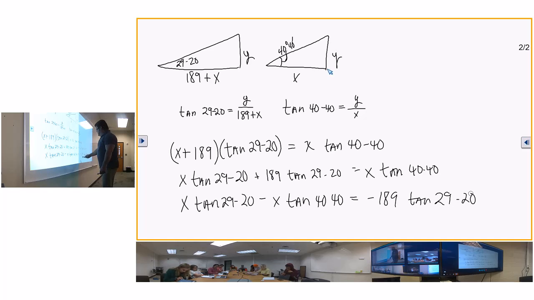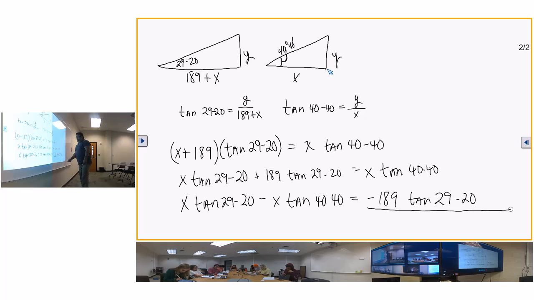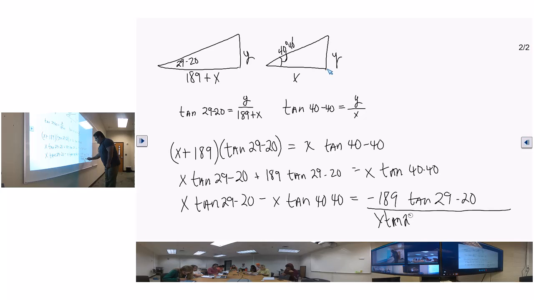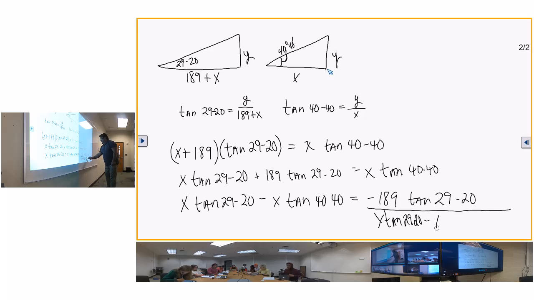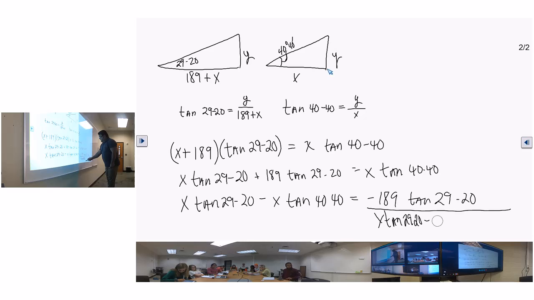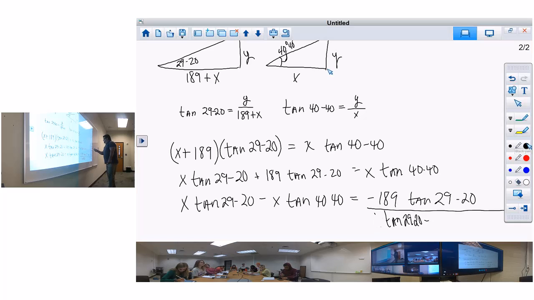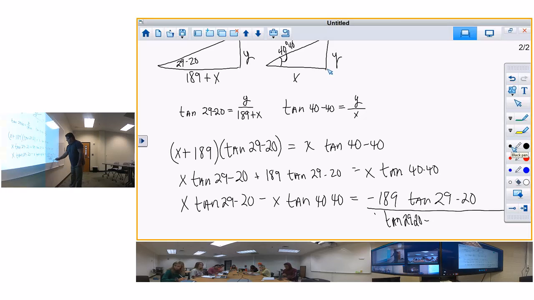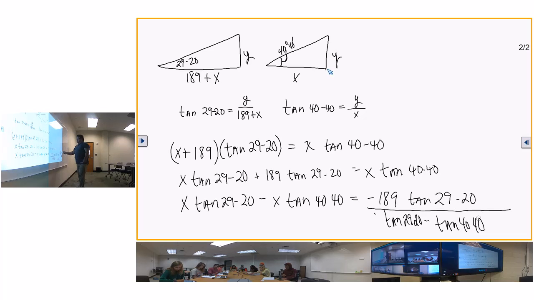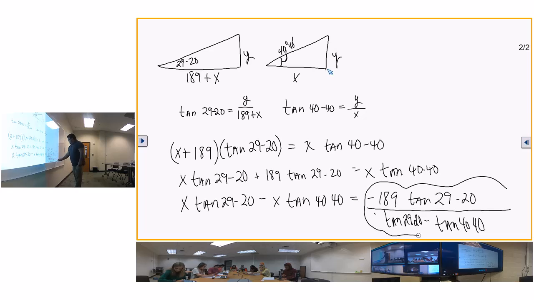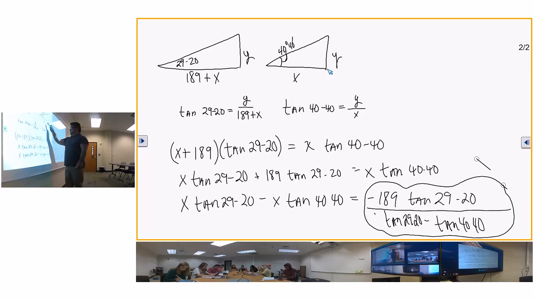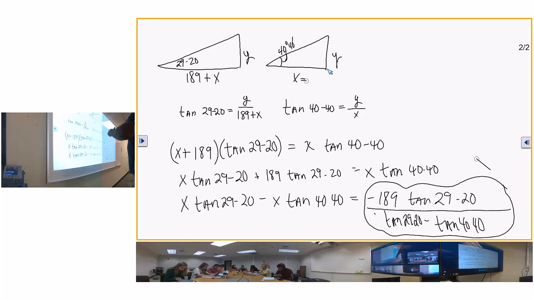And then, of course, I'm going to divide by x tan 2920 minus x, not x, sorry, I messed that up. You're going to factor out the x. And it's going to be tan of 2920 minus tan of 4040. And somebody crank that out and give me x, which will be right here. So somebody tell me what x is.